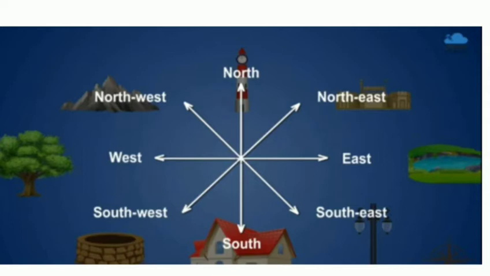Now the well is between the south and the west, so it is in which direction? It is in the southwest direction. Now you see the street lamp. The street lamp is between the south and the east, so it lies between south east. Now see the fort. It is between the north and the east. So the fort lies between northeast direction.